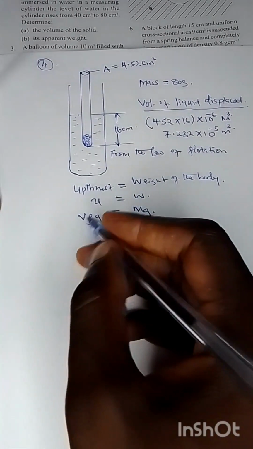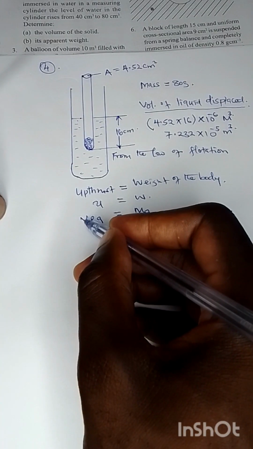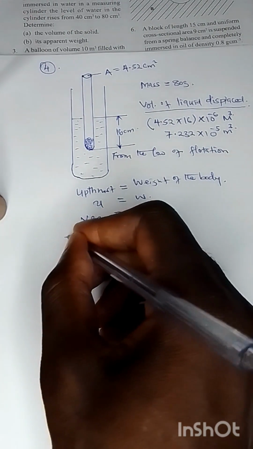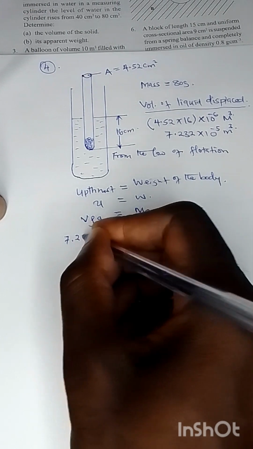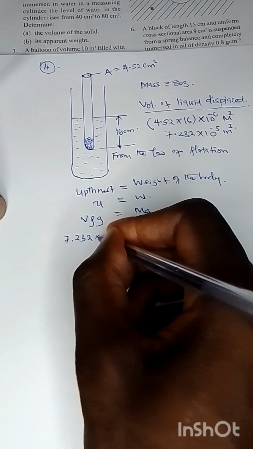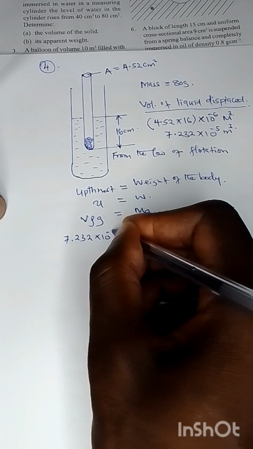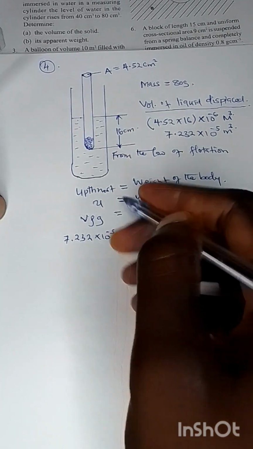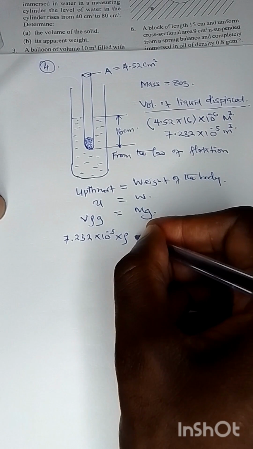V, I've said, is the volume of the liquid displaced, which is this 7.232 times 10 to the power negative 5. I multiply by the rho, which is the density of the liquid, which I don't know. I multiply by 10.